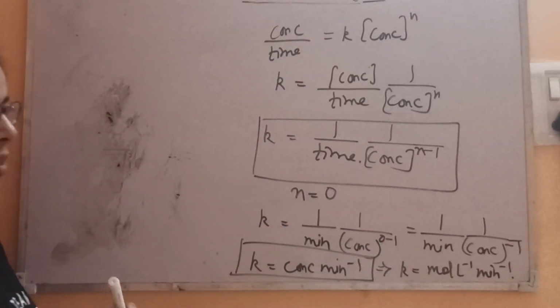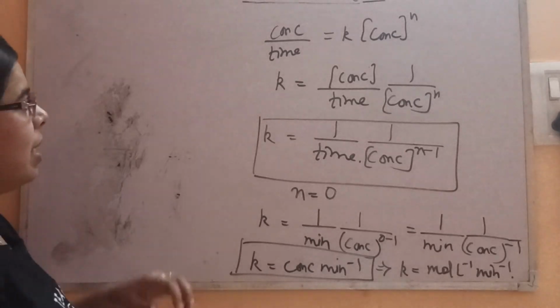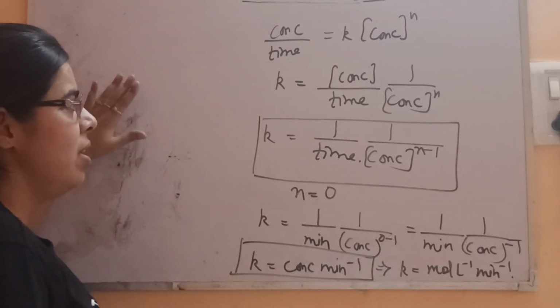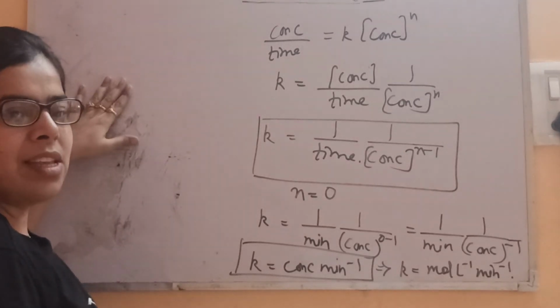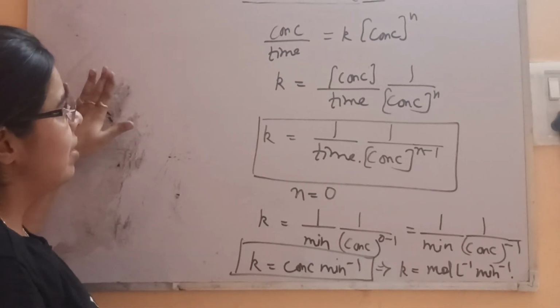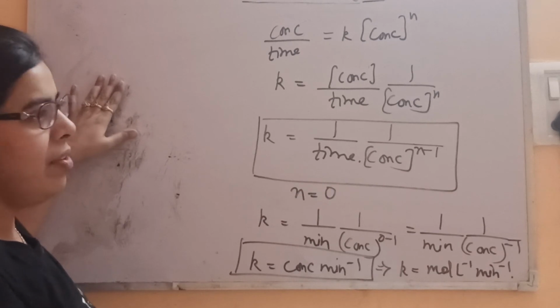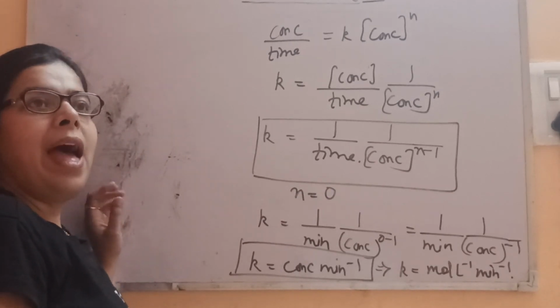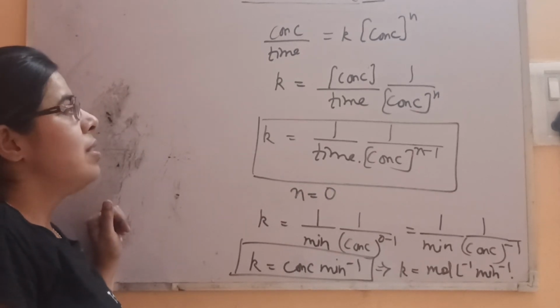So the rest of the things we will discuss in the next class. I hope it's clear to everyone what the order of reaction is. Further we'll continue in the next class with the order of reaction. Fine. So this is about the factors affecting rate of reaction and the order, and the difference between the rate law and simple rate of reaction.